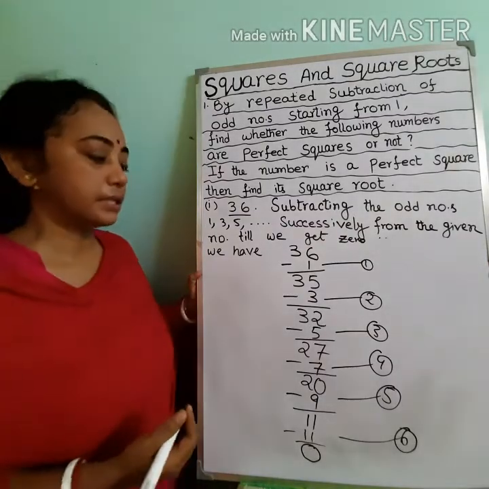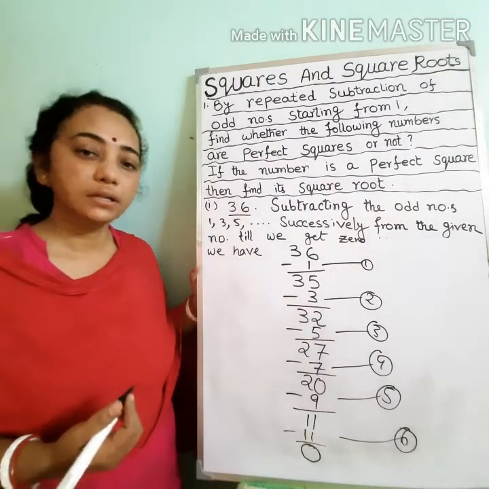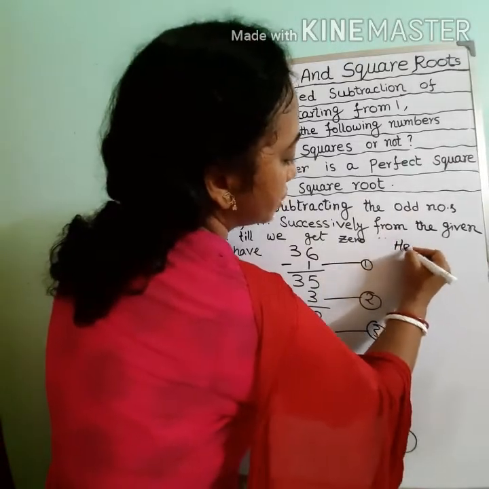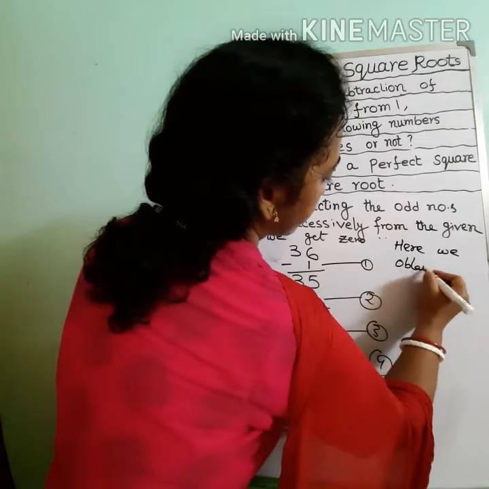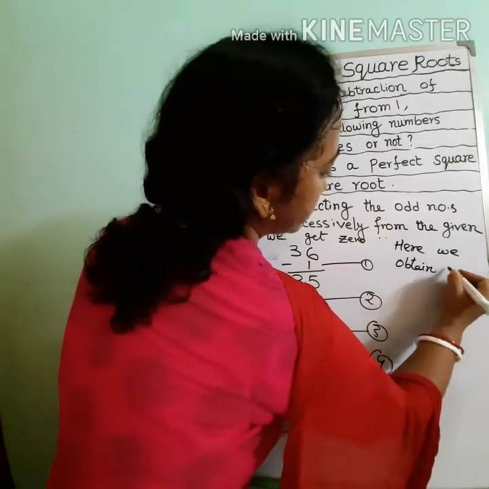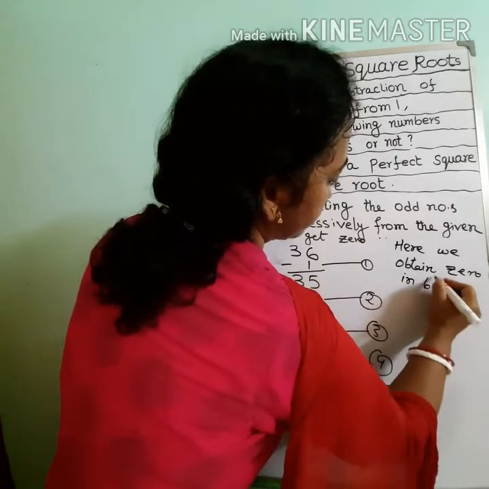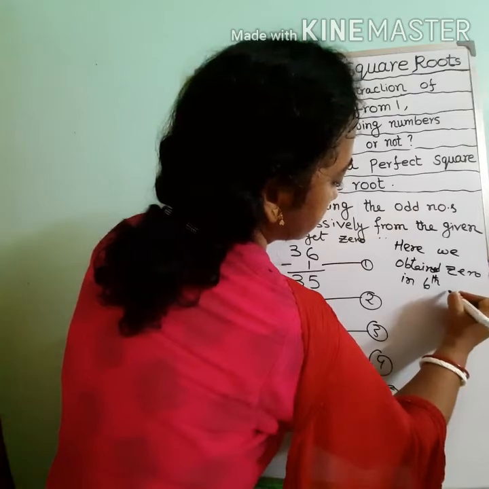So here 0 is obtained in how many steps? In the 6th step we got 0.